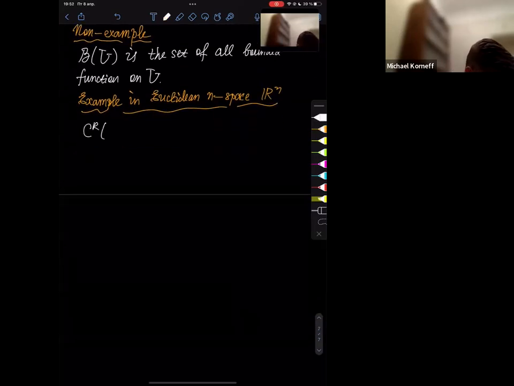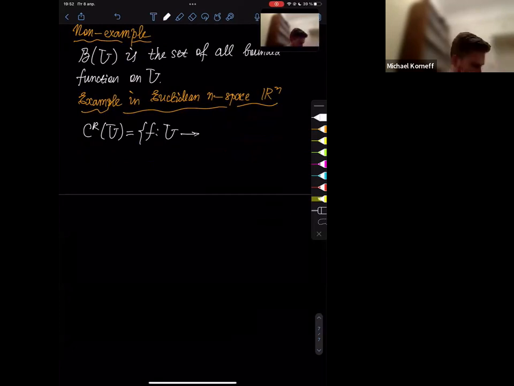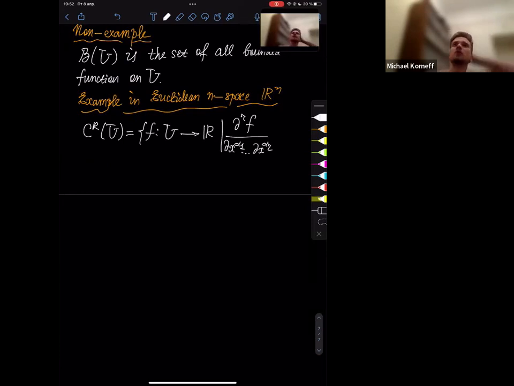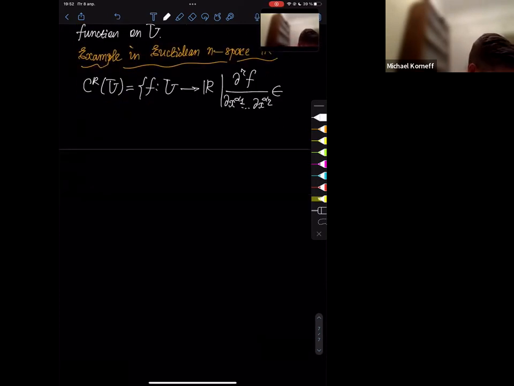Consider the set of functions from open U to R such that all partial derivatives of order r belong to the set of continuous functions over U, for all r less than k.